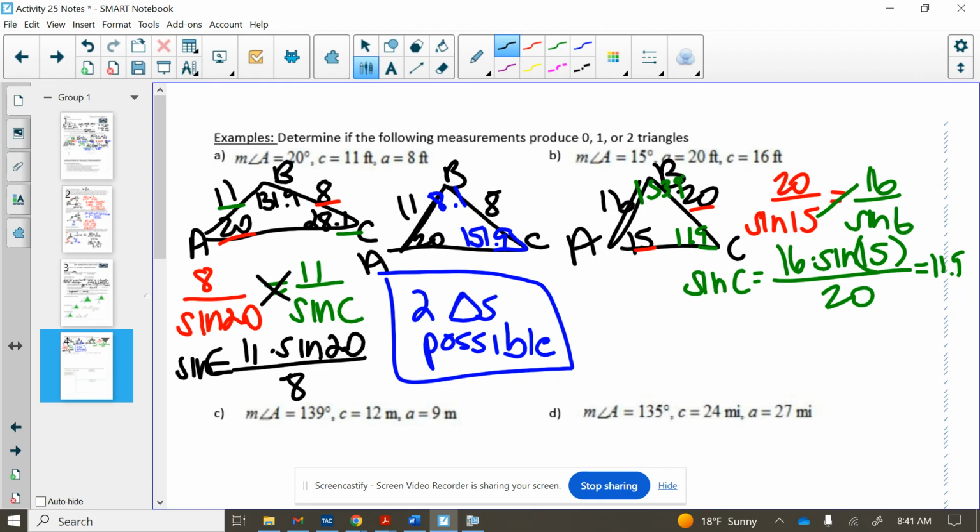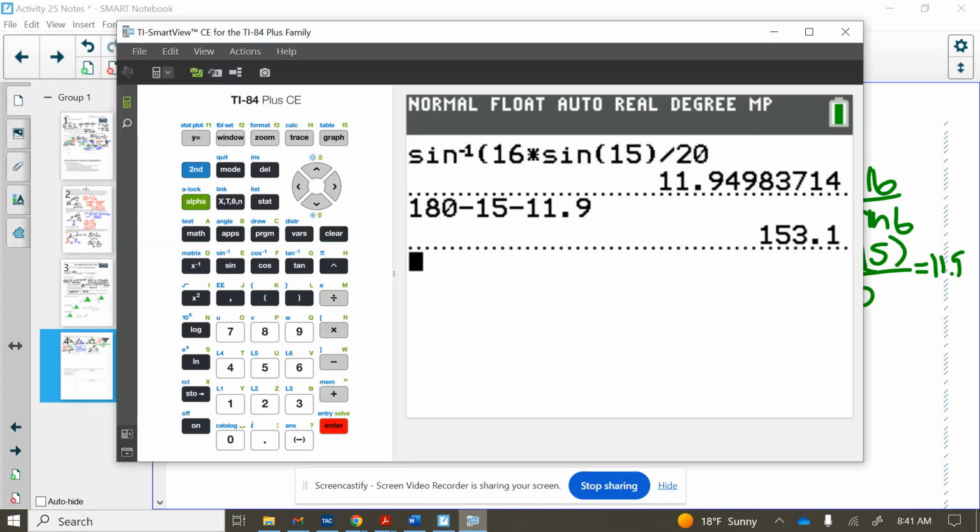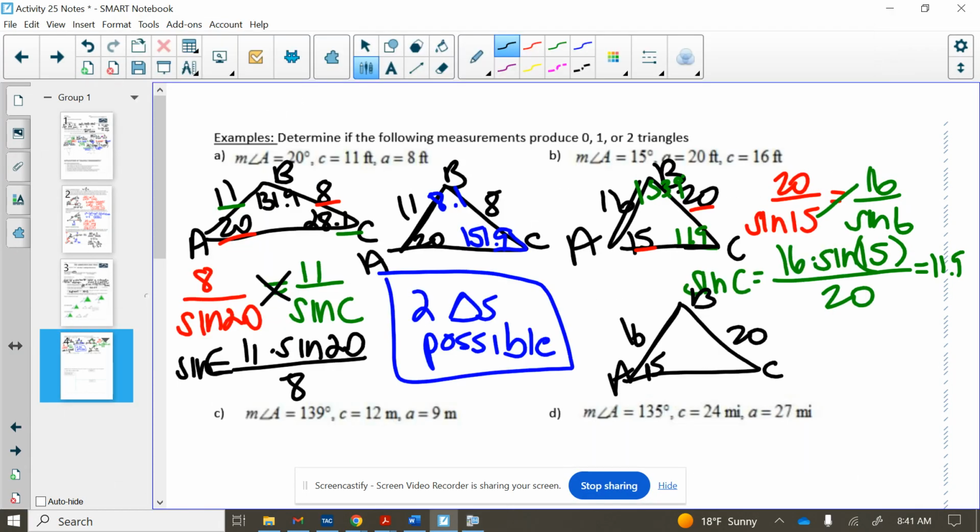Now, if we try to draw a second triangle with, again, the exact same given info, except that the angle C is now the supplement of 11.9, so 180 minus that, then we're going to see, oh wait, 168.1, that's way too big.